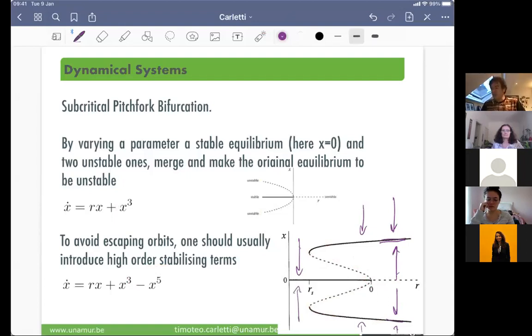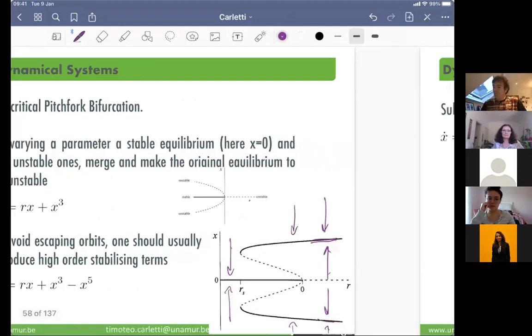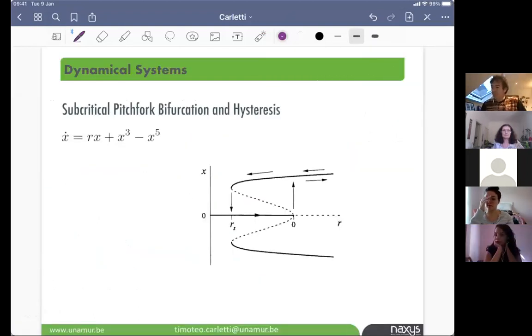What is interesting here is that you can have this kind of hysteresis phenomenon. It is the following. If you start with some parameters, say here, so you start with your r here and your initial condition there, your system converges towards this equilibrium because it's stable. If you slightly move the parameter r and you start again close to the previous one, your system moves close by.